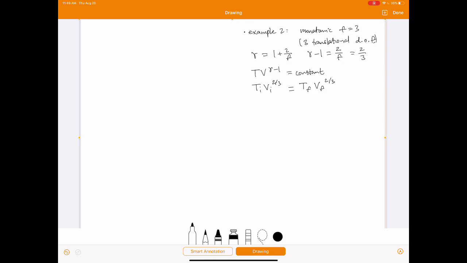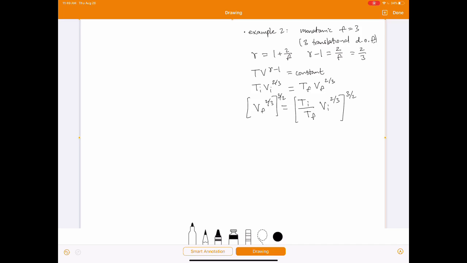So rearrange that because what we want is something about the final volume. V final to the 2/3. We can get that isolated on one side if we divide by T final. So I'll have T initial over T final times V initial to the 2/3. And I haven't solved for V final yet because there's this power of 2/3. So we need to get rid of that power of 2/3. And the way we're going to do that is we're going to raise both sides to the 3/2 power.